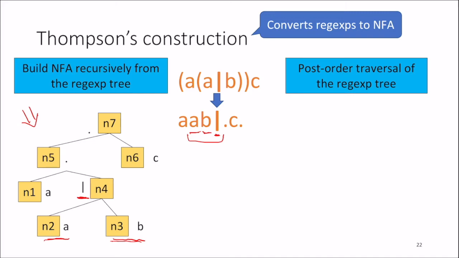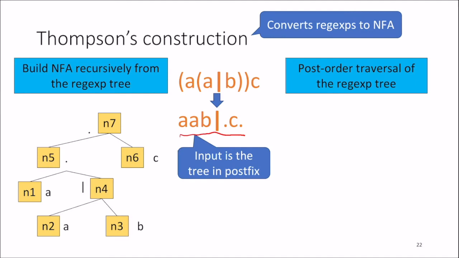So when I'm constructing the NFA recursively, I can just read this postfix string from left to right and construct the NFA. Now we have the input: the tree structure in postfix notation.